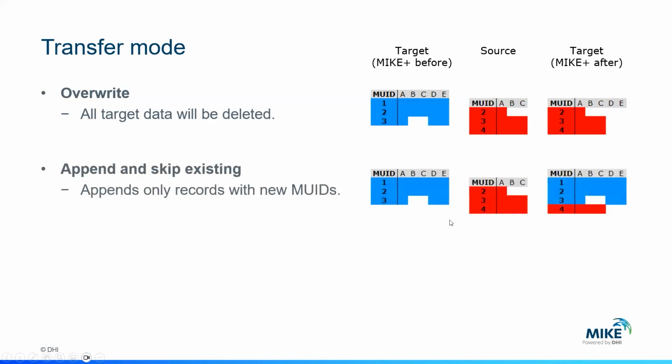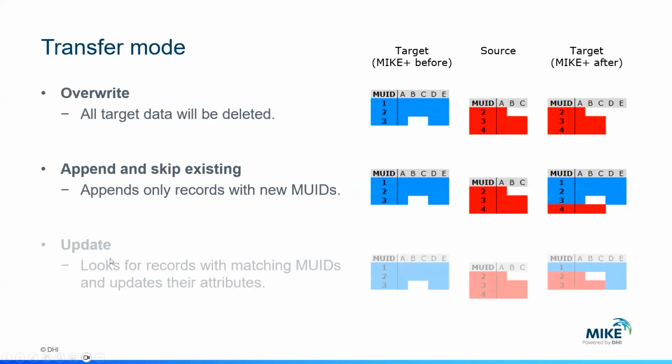Append and skip existing. So the default means only append records with a new ID. 2 and 3 already exist, so please don't touch them. Keep whatever we have so far. And then we have update.